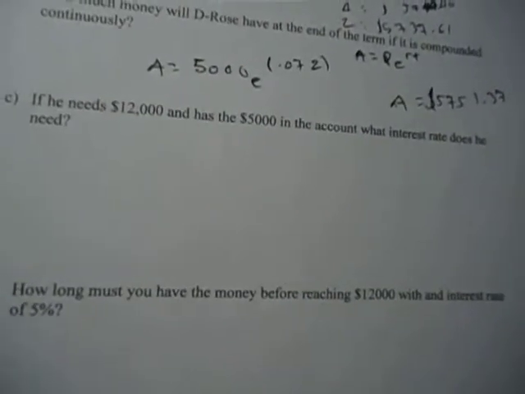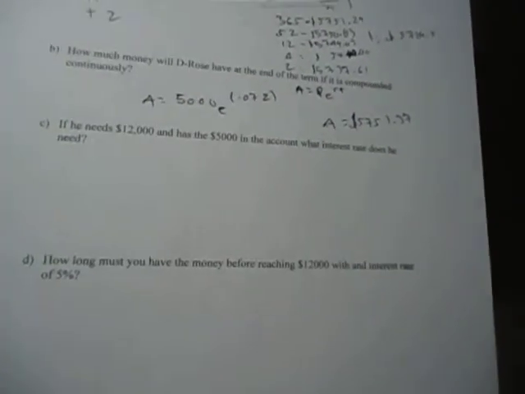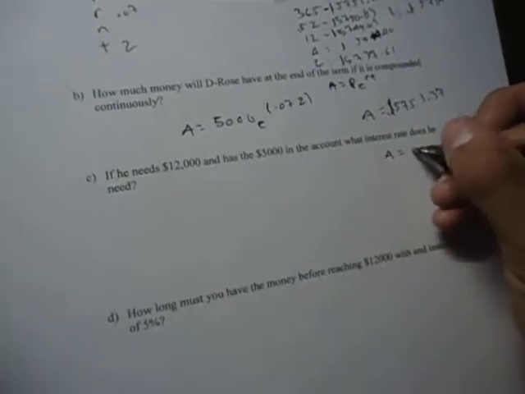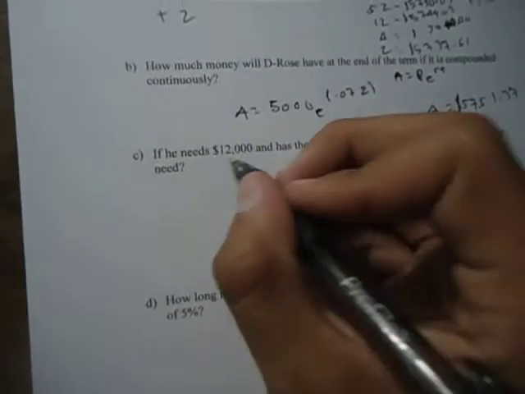Part C: if he needs $12,000 and has $5,000 in the account, what interest rate does he need? We are going to use Pe^(rt) again. It's different this time because we are going to have an A value, which is 12,000.